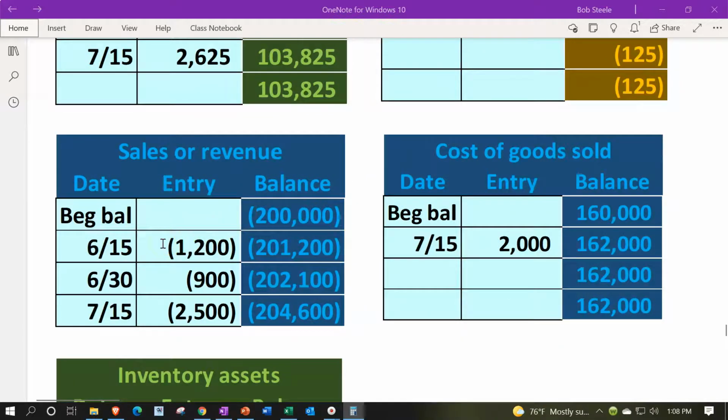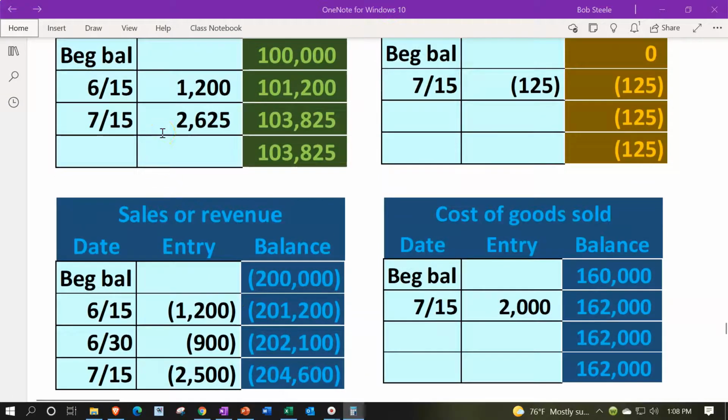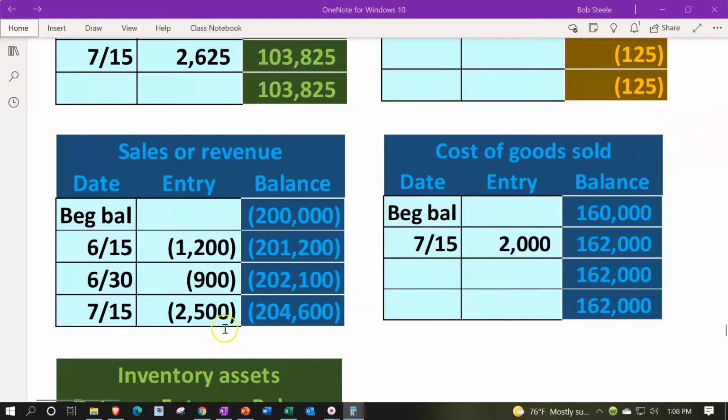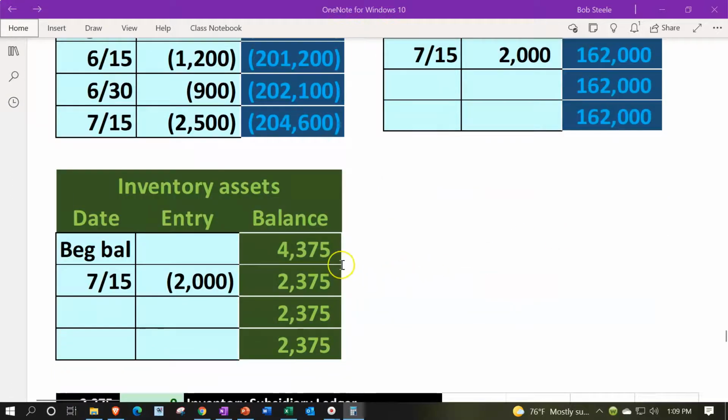It went up from the prior transaction $1,200 to $201,200, then up by $900 to $202,100, and this time up by $2,500. Not by the full amount that we got in cash, but by the amount we charged net, after sales tax, not including sales tax, $204,600. Cost of goods sold, an expense account, went up from $160,000 by $2,000 to the $162,000, and the inventory goes down, $4,375 down by $2,000 to the $2,375.